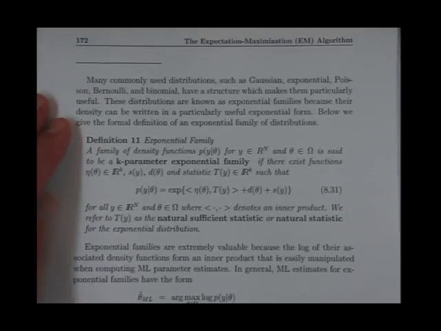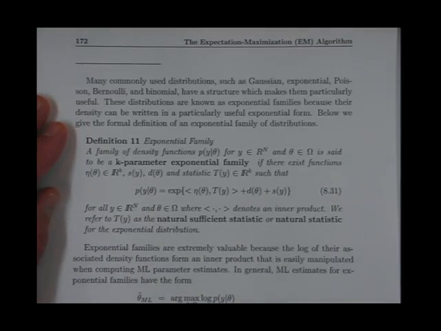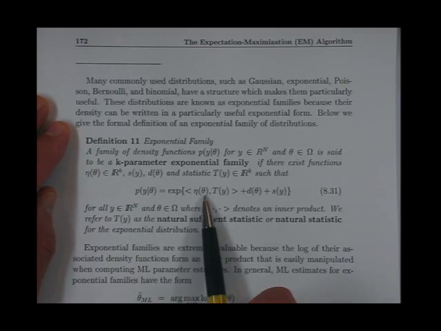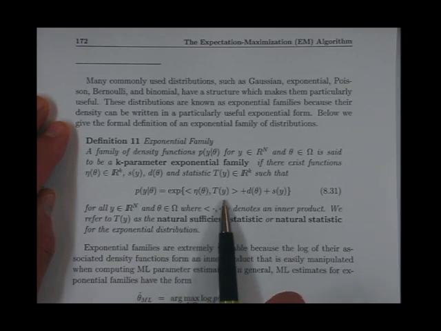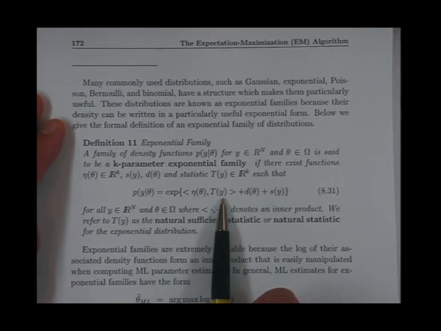That's 178. Now, in addition, we're going to have this concept of a k-parameter exponential family. An exponential family has a specific form, which is that the distribution of y given theta is an exponential of the inner product of a function of the parameter set with the sufficient statistic. Now, this is any function of the parameter set, so it could be a nonlinear function of the parameter set, but it's just the sufficient statistic.